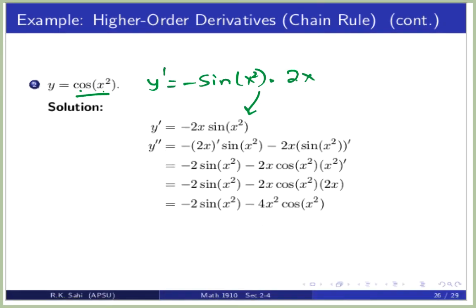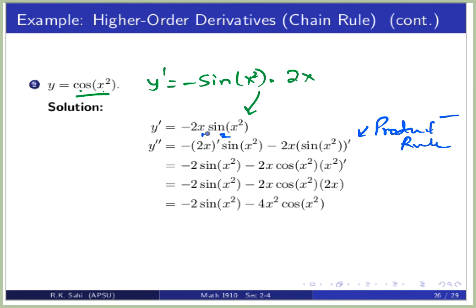Okay, now we have to take the second derivative. So this time, this function after the first derivative is a product of two functions, x with sine x squared. So we are going to do the product rule now. Here is the product rule first. So the first function is x, the second is sine x squared.